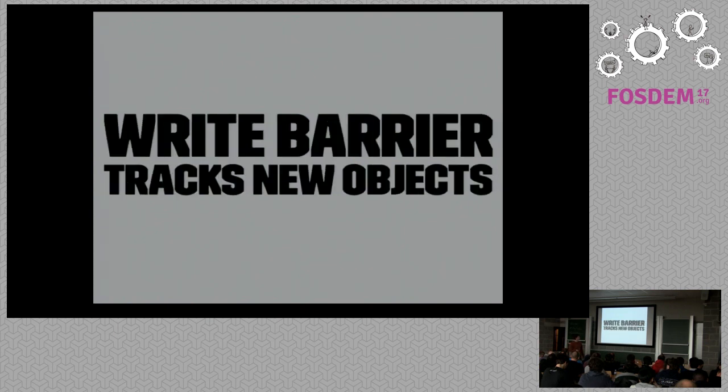Now the write barrier, in addition to tracking old generation objects which get new references to new objects written, now we just have to do that basically all the time during marking. After a mark phase is over, we check the write barrier for objects which got new references to them. So it just adds other things to the remembered set.